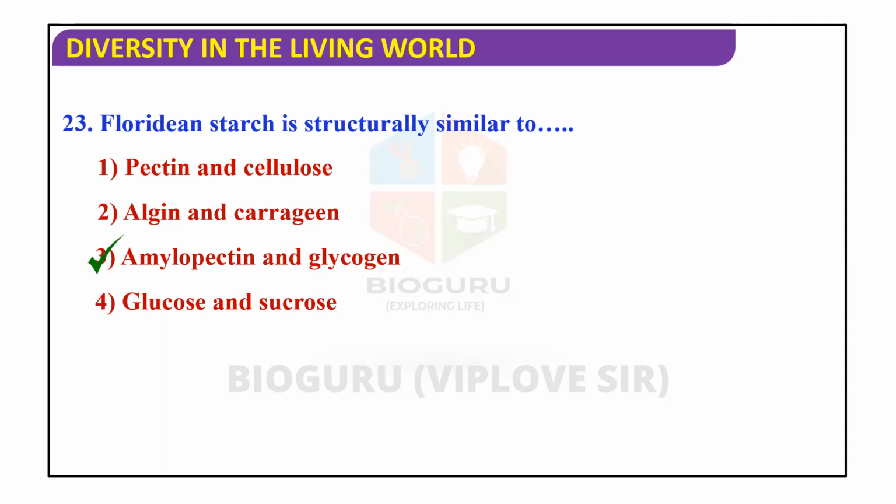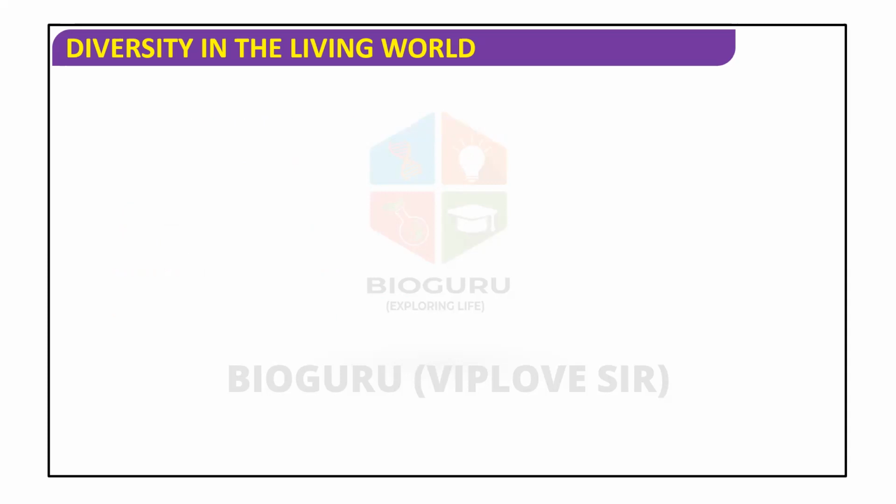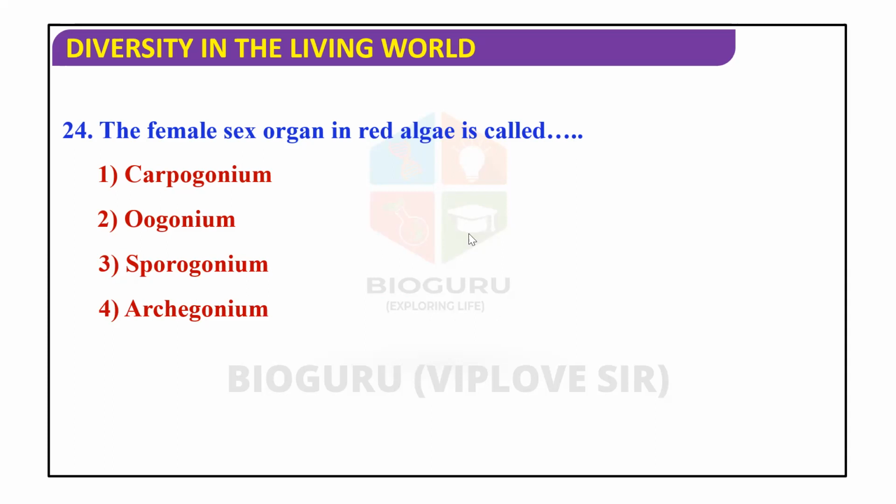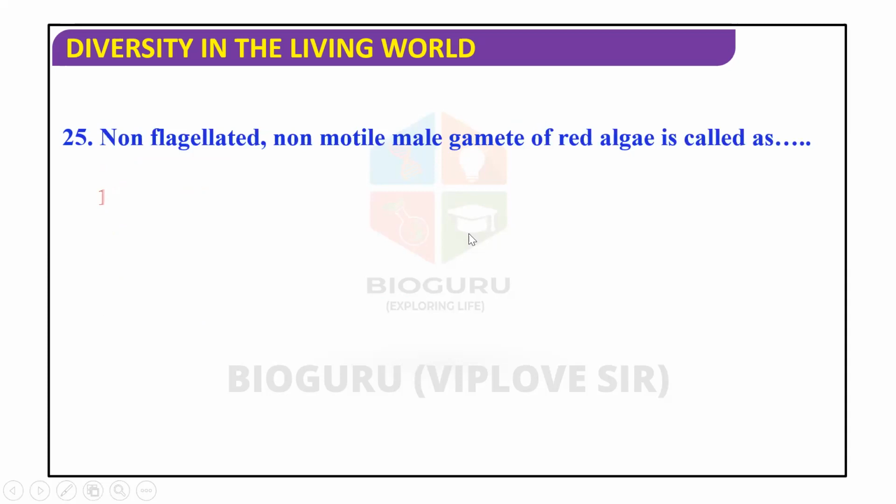It is amylopectin and glycogen. The female sex organ in red algae is called carpogonium, oogonium, sporogonium, or archegonium. It is carpogonium. That's good.